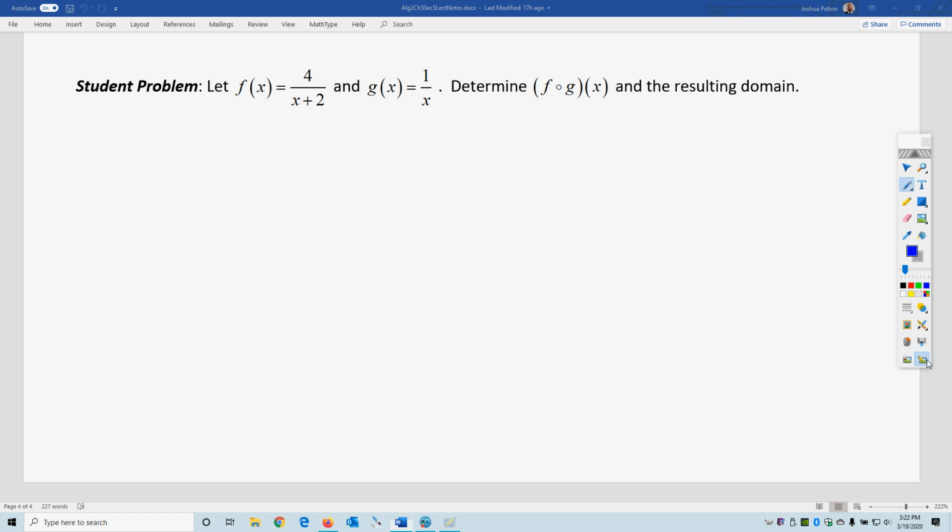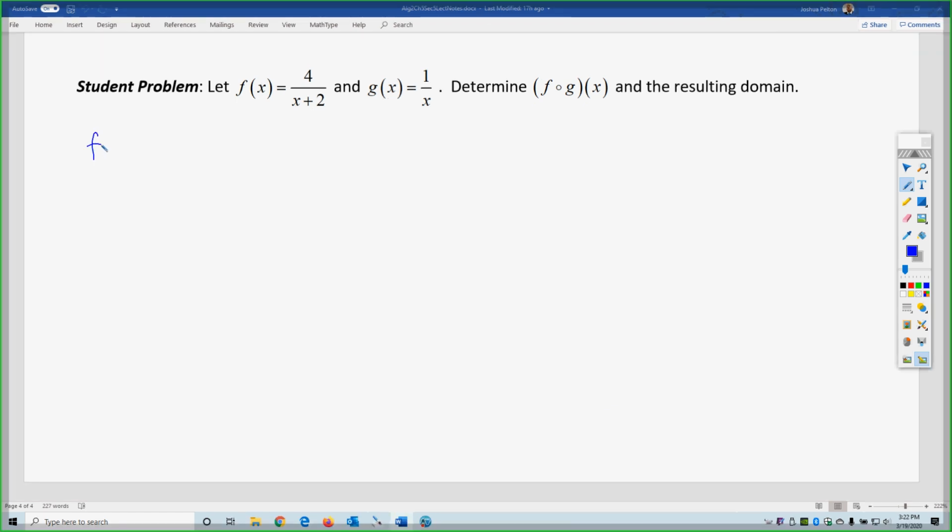Alright, function composition of f of g. F of g of x. So we take f, we get 4 over x plus 2, but we're replacing the x with the g function, right? We're putting one inside the other. So 1 over x. I don't want a complex fraction, so I'll multiply by that extra denominator as a ratio of 1.